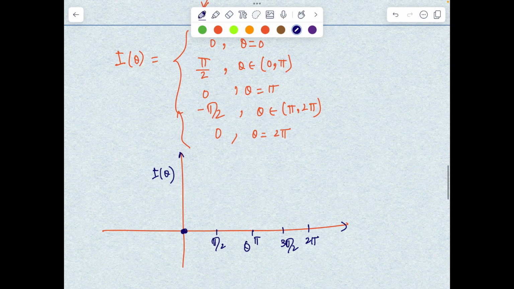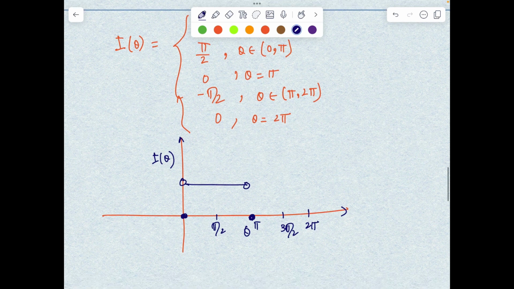So at 0 we have 0, between 0 to pi we have pi over 2, at pi it's back to 0, and then we have minus pi over 2, and at 2 pi it's back to 0. So the number of points of discontinuity, as you can clearly see from the graph, is discontinuous at 0, discontinuous at pi, and discontinuous at 2 pi. And this is also the point of non-differentiability of this function.